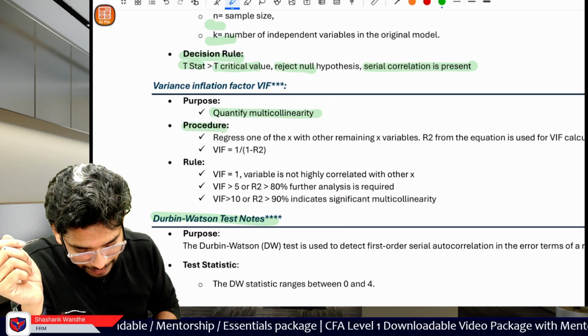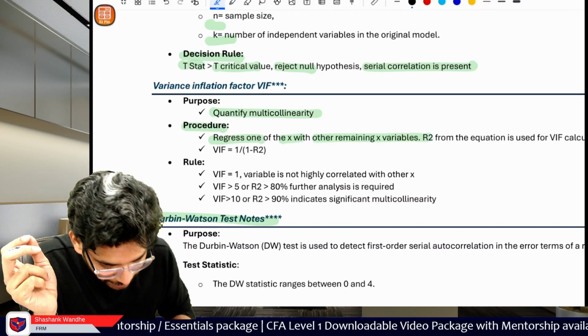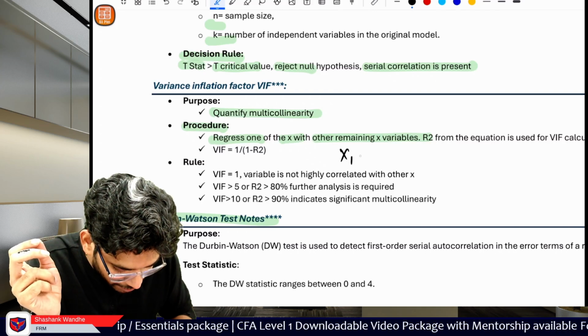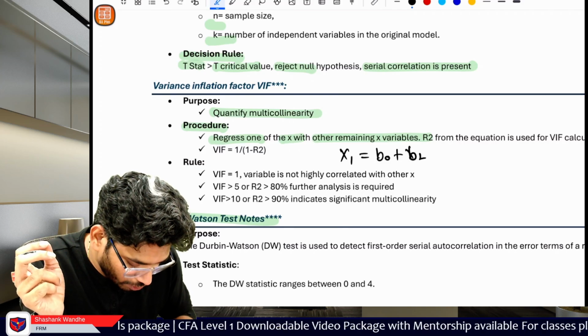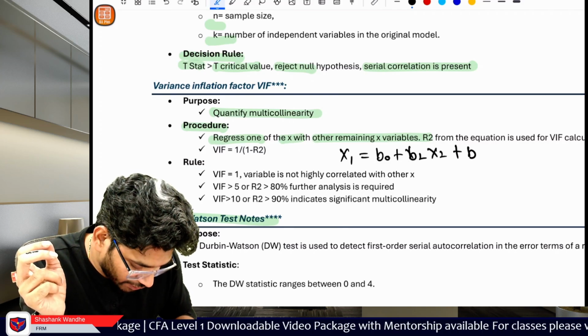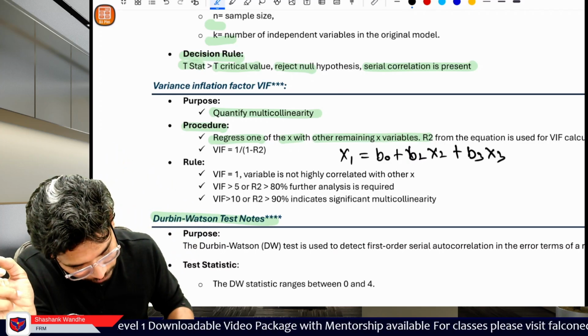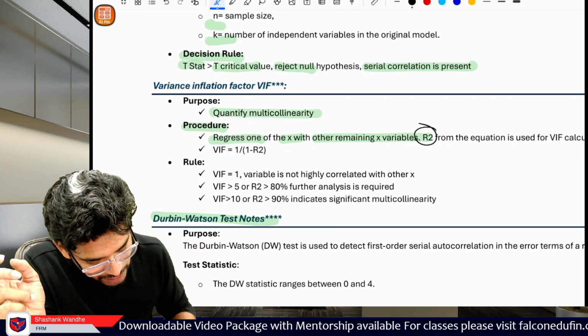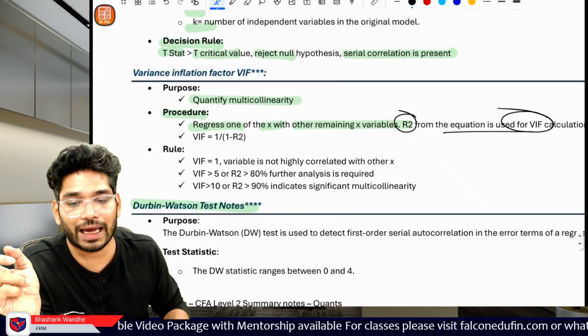First, the procedure is to regress one of the x variables on the other remaining x variables. This means your model will look like this: x1 equals b0 plus b2 x2 plus b3 x3. You follow this regression model. From this, you get the R square, and then you use it in the VIF calculation.